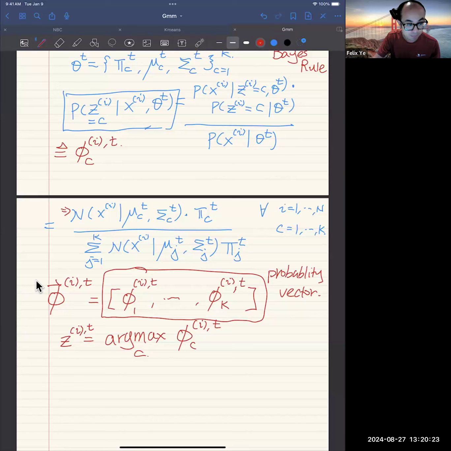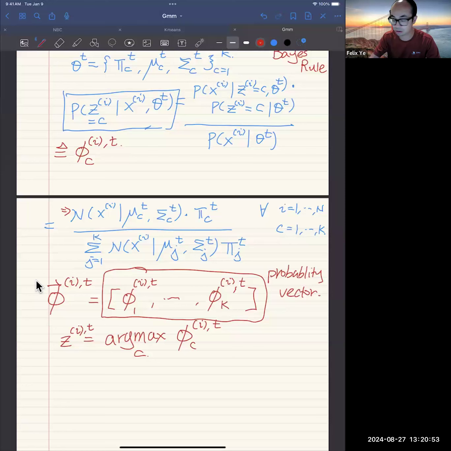This is very similar to the prediction step of logistic regression after we apply the softmax, which becomes a probability vector. All we need to do is find the component that maximizes the probability.